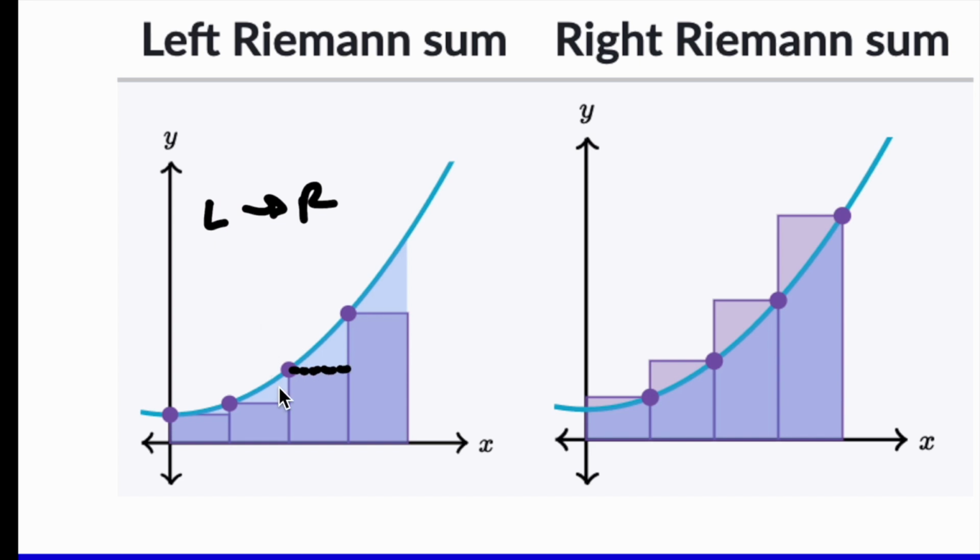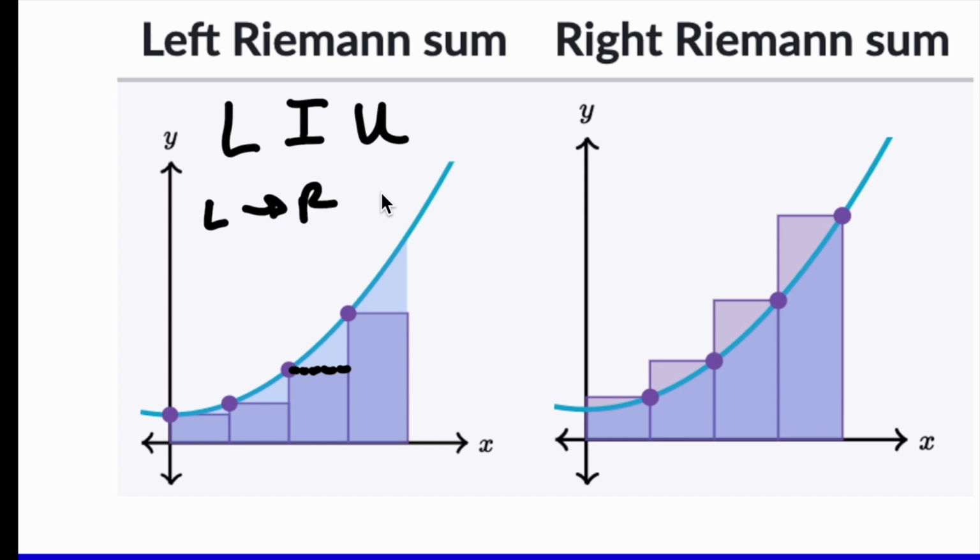We stop at the next point, either above or below the next f of point. And you can clearly see that this is an underestimation. So the way to remember this is if you have a left Riemann sum and you have an increasing function, you will have an underestimate. LIU, like Long Island University.